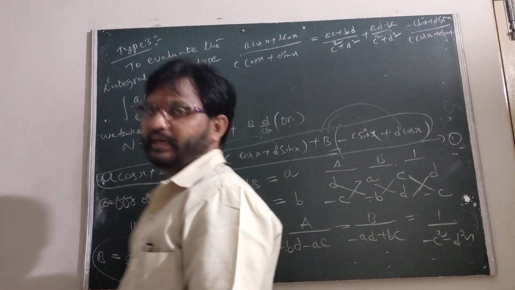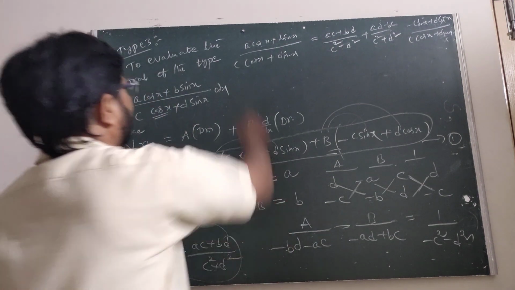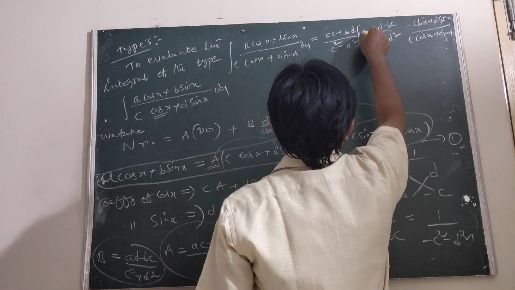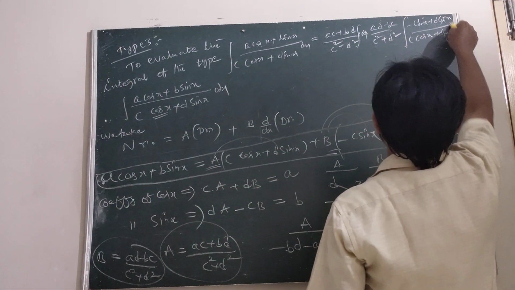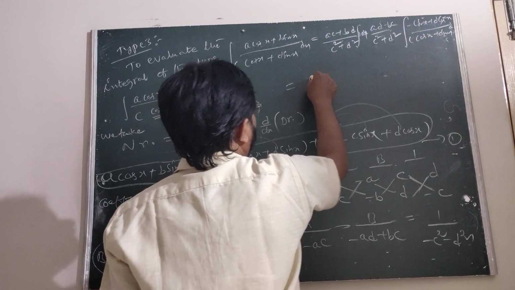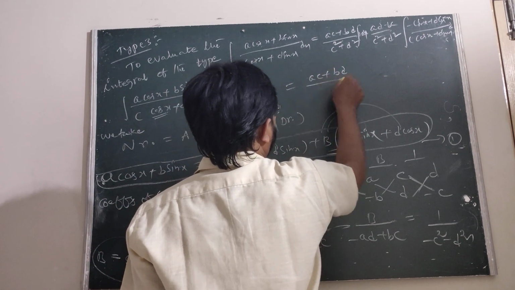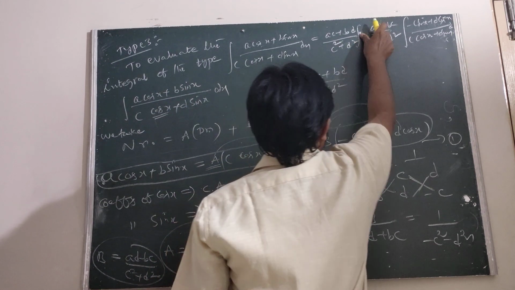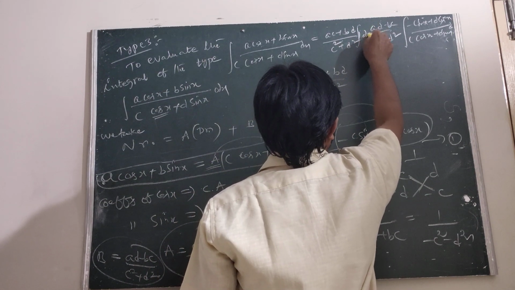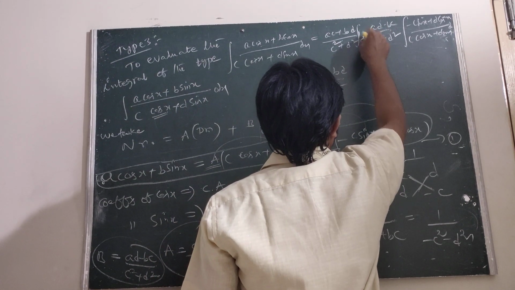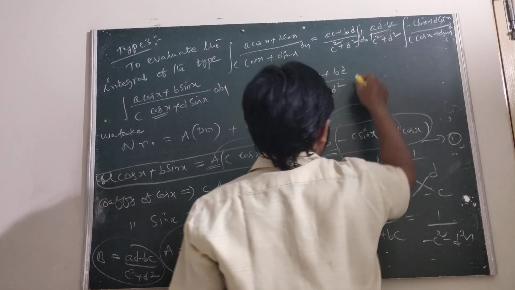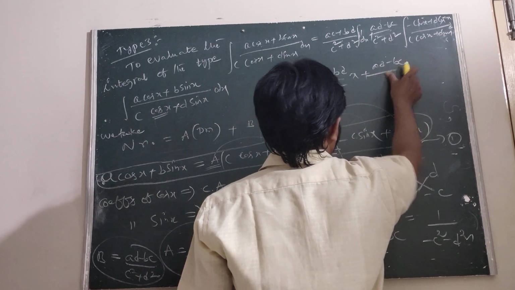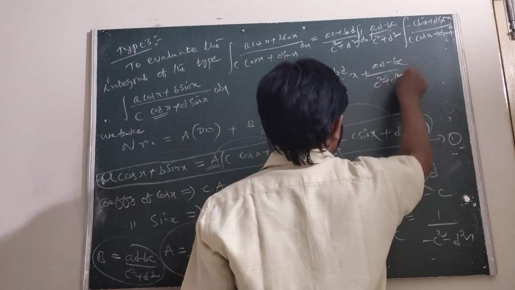Now we can apply the integral on both sides, integral with respect to dx. Integral of the constant 1 dx. What is the answer here? AC plus BD by C square plus D square, integral 1 into dx, and the integral of 1 into dx is x. Then AD minus BC upon C square plus D square.